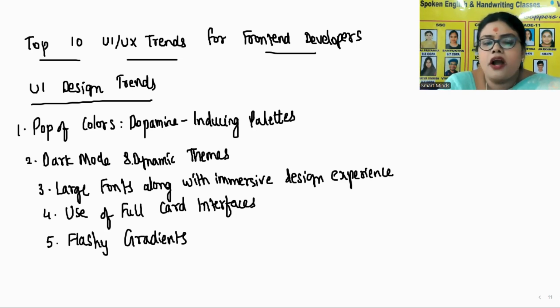So the use of cards in the user interface is becoming a popular trend. So a card as a component itself is a very versatile element of design, as a container that holds a lot of information. So the card holds information as well, making it easy to differentiate between too much information.